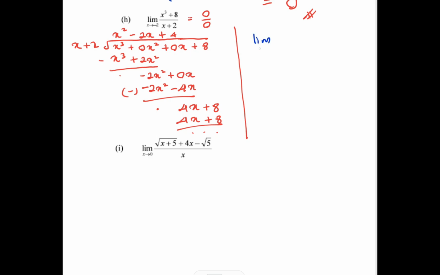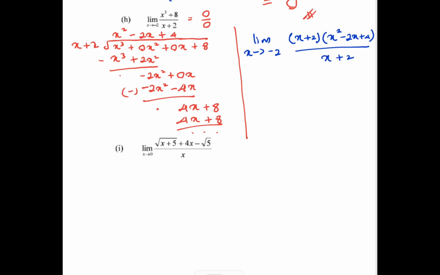limit as x approaches negative 2 of (x plus 2) times (x squared minus 2x plus 4) divided by (x plus 2).